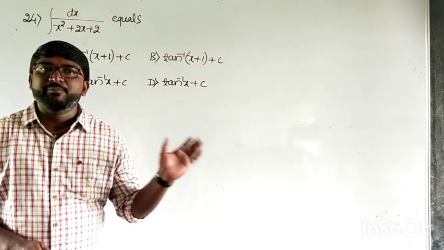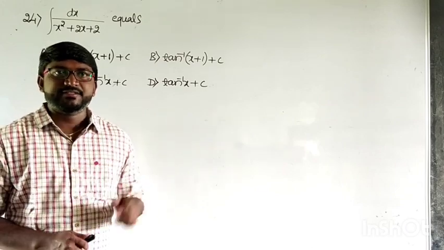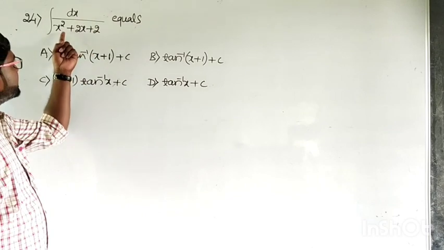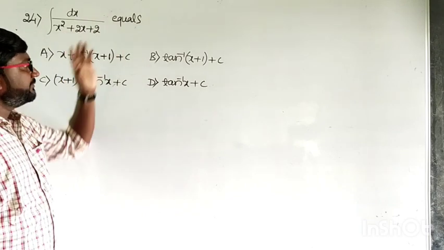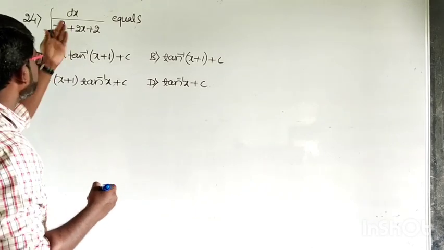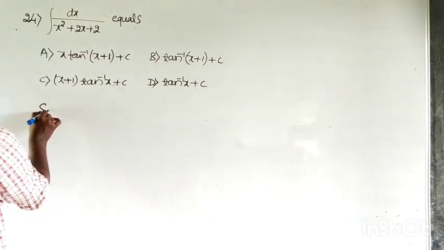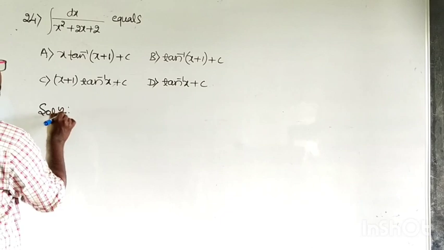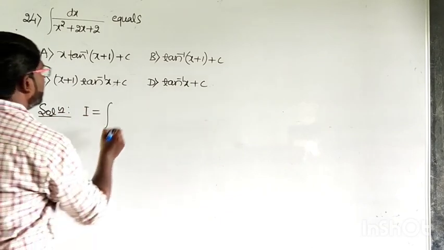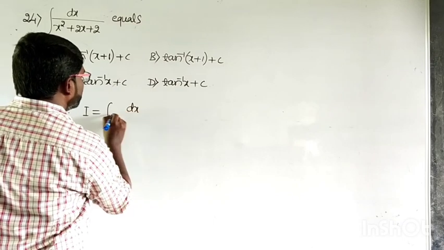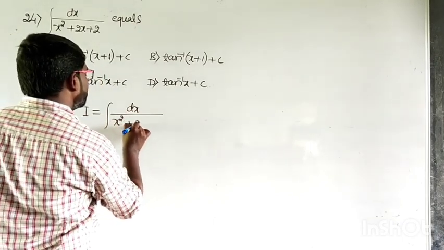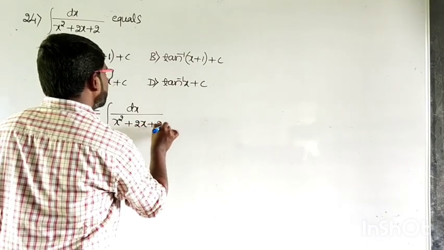Well, we have two important multiple choice questions. So let us solve them. In that, the 24th is the integral of dx by x square plus 2x plus 2 equals, and it has been given with 4 options. So let us take this as I, which is equal to the integral of dx upon x square plus 2x plus 2.